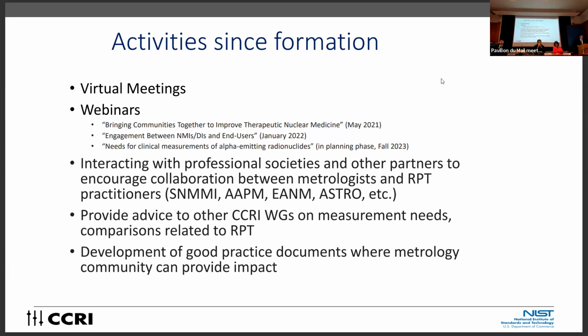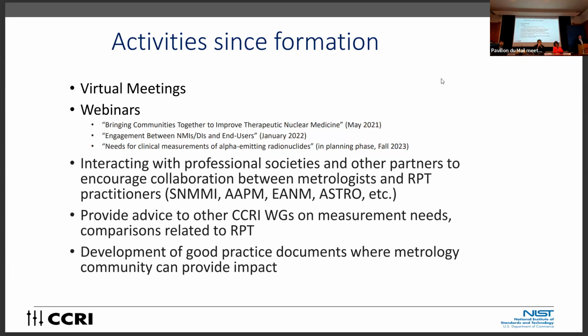Actually, I have the date wrong on that last one. This should be the beginning of 2024 for this alpha emitting workshop. But the whole idea is to bring together both the NMIs and the clinical communities.